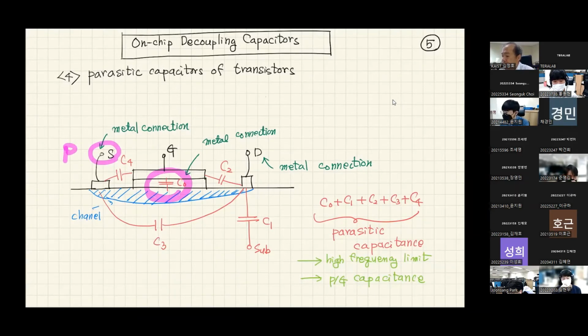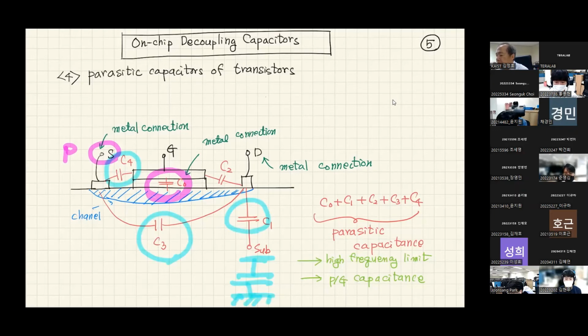Then we're going to have parasitic capacitance between source and gate, and parasitic capacitance between source and drain. Sometimes we have parasitic capacitance between drain and substrate. And the substrate also has some capacitance. So we're going to have additional parasitic capacitances. Some of them are intended and some of them are unintended.